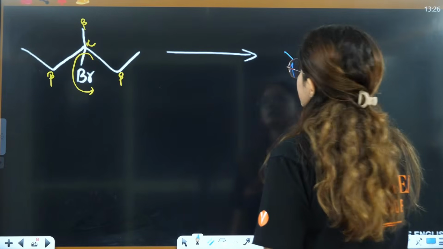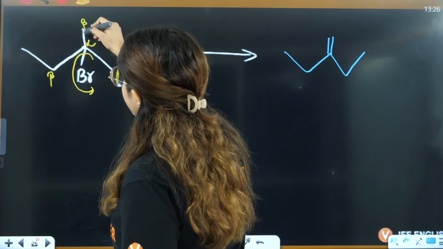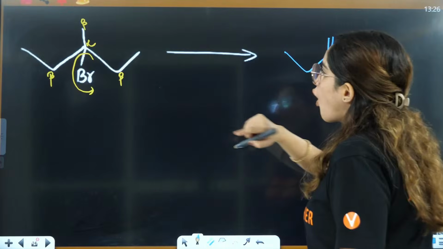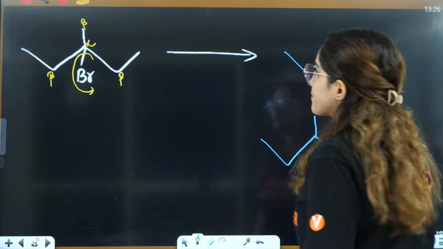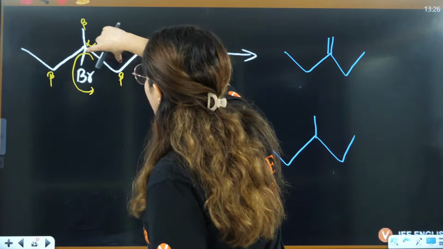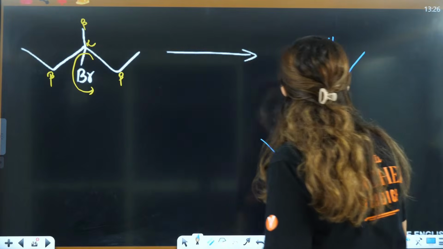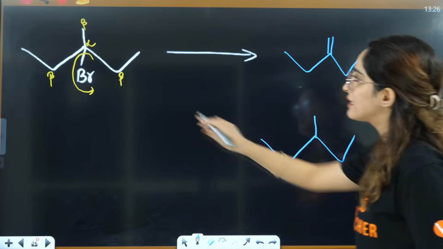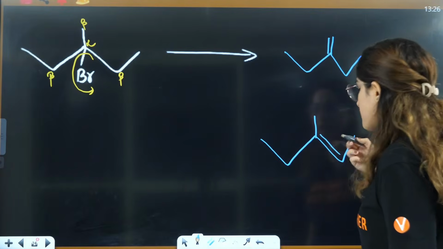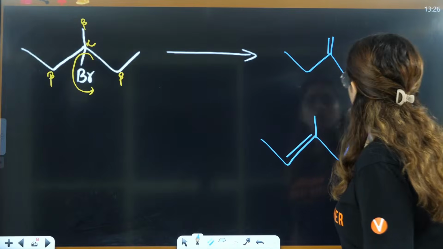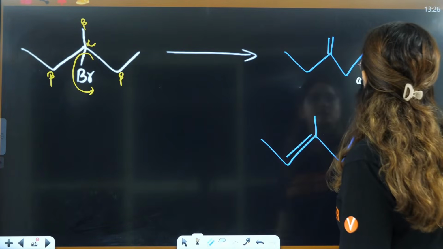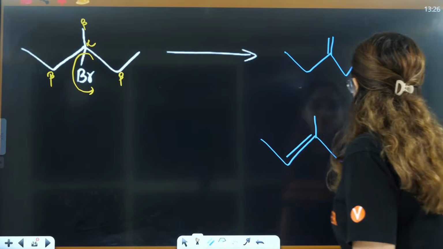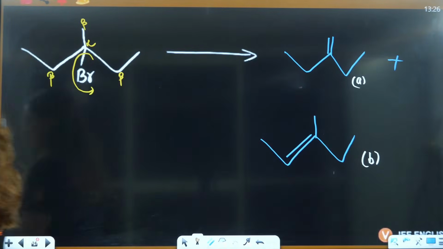Either I choose this as beta, from here it is eliminated and you have a double bond here, or I choose this as beta, then this will be the double bond. And even if I choose this other one as beta, then this will be the double bond, which are the same only. So these two compounds are possible. If I say this is A, this is B, tell me which will be the major product here.